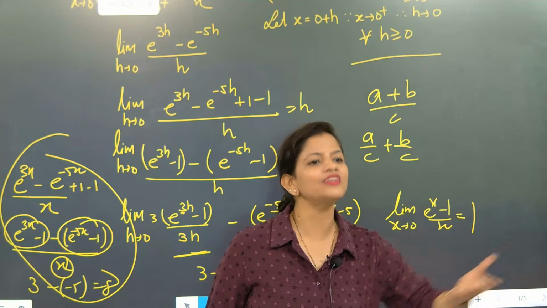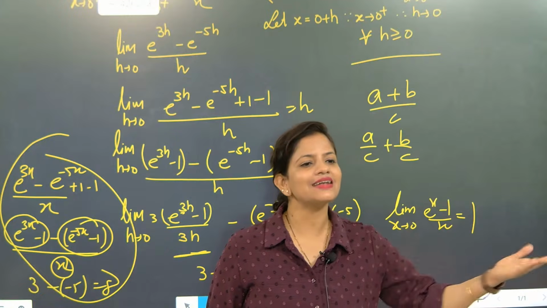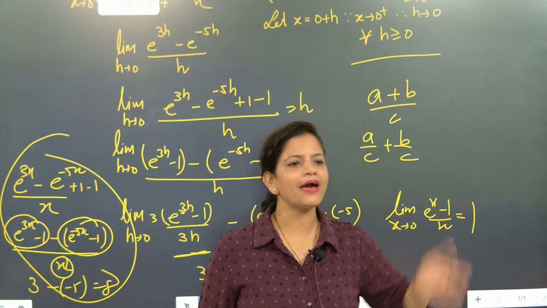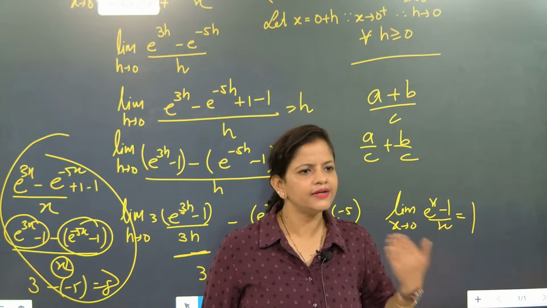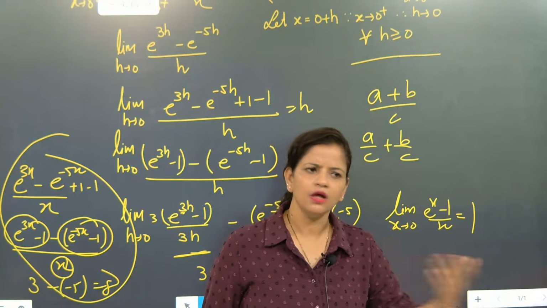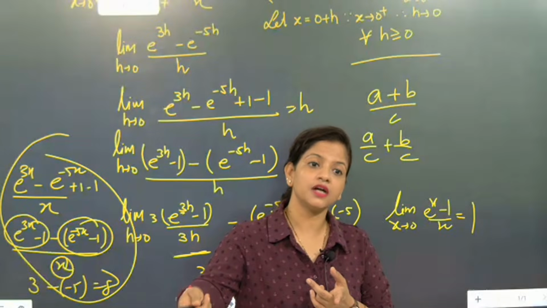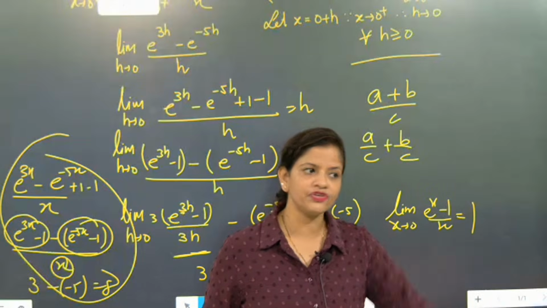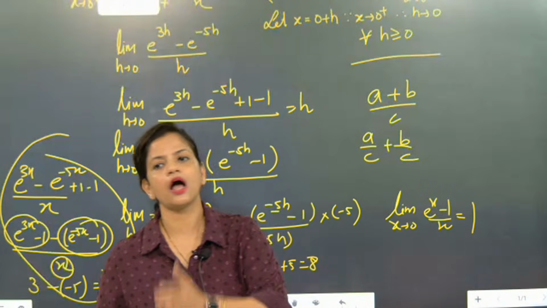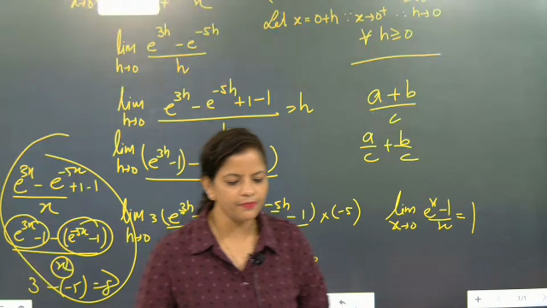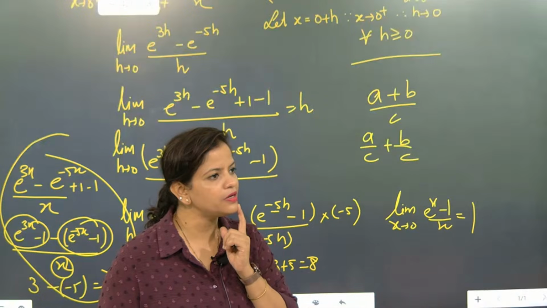X is equal to 2 is a line, parallel to the y-axis. It is continuous. But is it differentiable? No, we can't differentiate. It is continuous. So if you prove differentiability, continuity is automatically done. So this is one important point. Did you understand this one, beta?